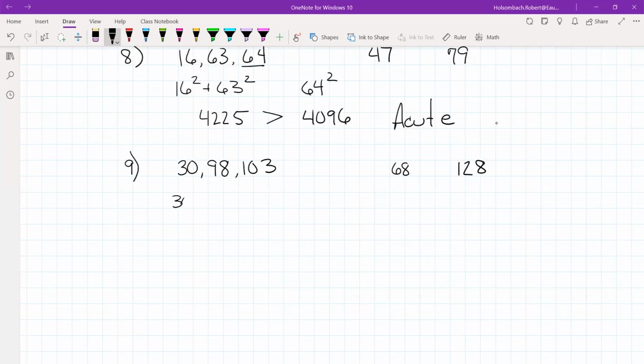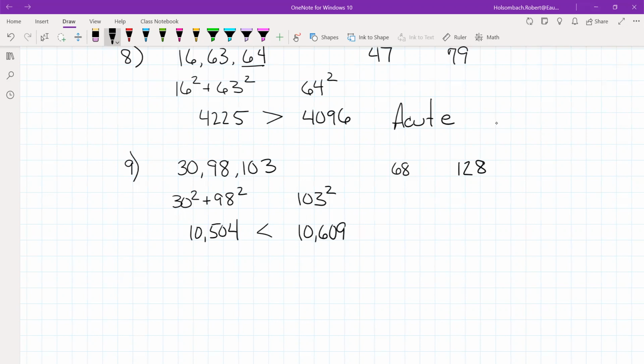So we check 30 squared plus 98 squared and compare it to 103 squared. 10,504 on the left and 10,609 on the right. 10,504 is less than 10,609.